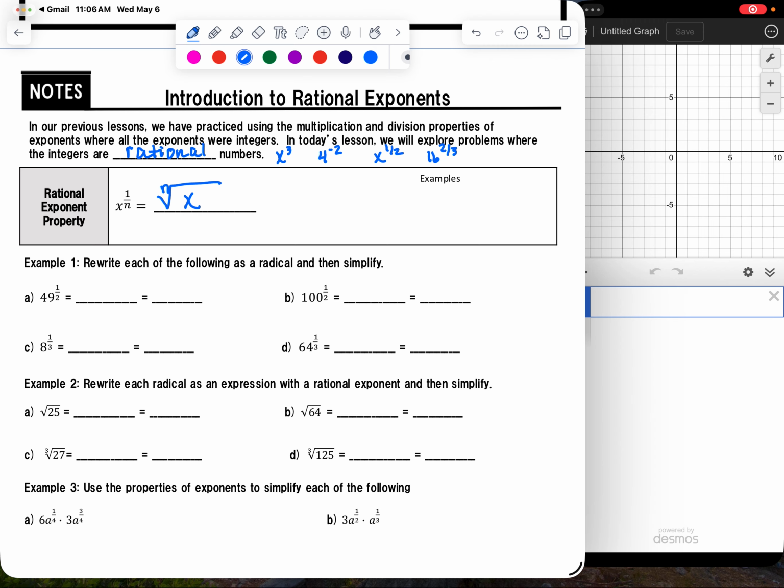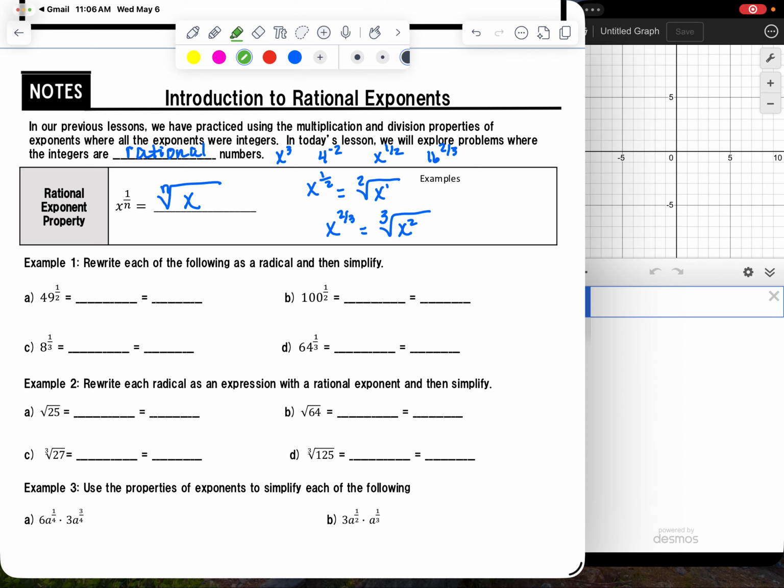So, for example, if I had x to the 1 over 2 power, that would be the same thing as the square root of x to the 1 power. Or if I had x to the 2/3 power, that would be the same thing as the cube root of x raised to the 2 power.